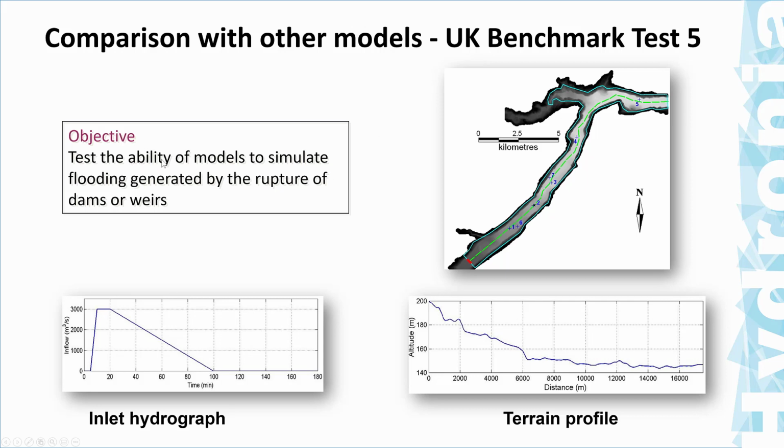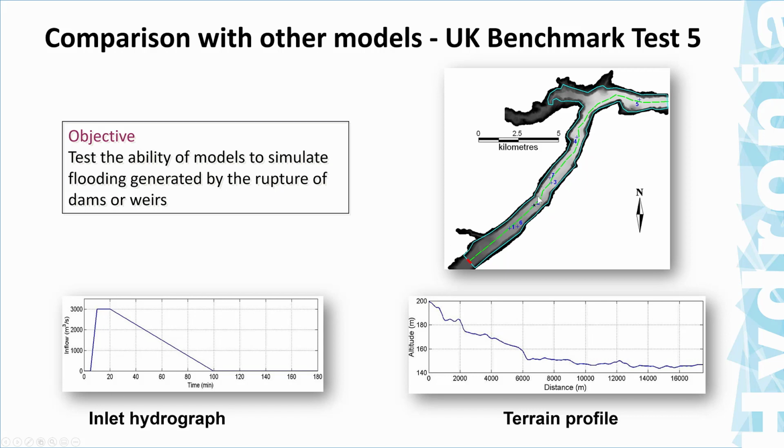The general objective of the test is to check the ability of the model to simulate flooding generated by the rupture of a dam, in this case. So there is an idealized dam here in this red spot. Then you have a river that goes downstream and then enters this other river here. Initially, the river is dry, and then you have points to compare results over here.